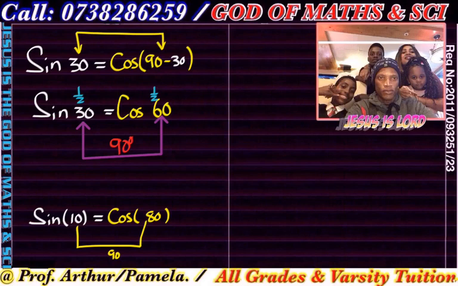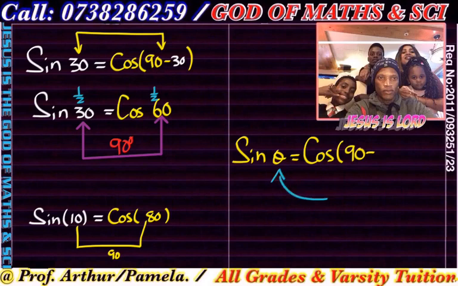So if I've got sine of theta, it's going to be equal to the cos. Remember how we get the other angle? We say 90 minus what's over here goes here, theta, like how we did with the number. Can you see? These are equal.